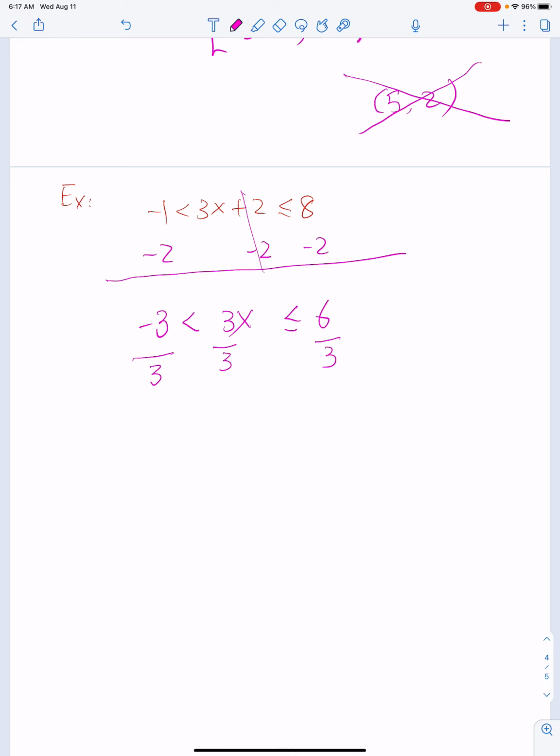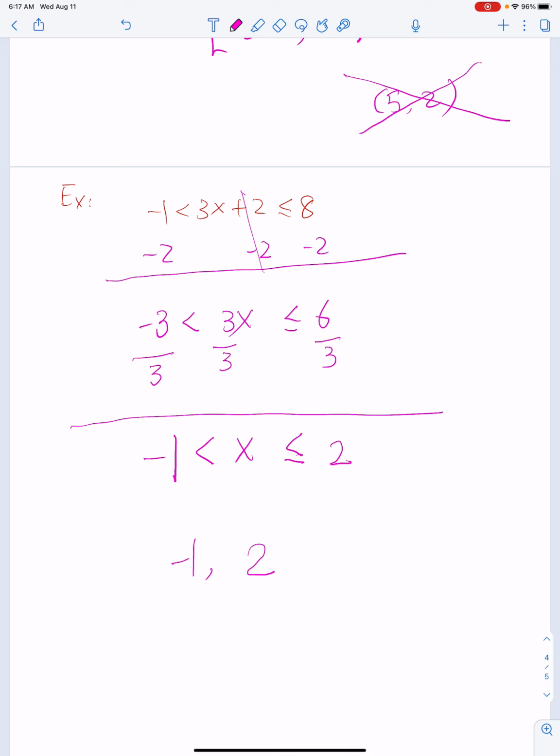Do we need to flip the sign? Because 3 is positive, we do not need to. So what do we have? 2 less than or equal to x bigger than -1. Yeah? So what will be the interval notation? Smaller number goes on the left, bigger number goes to the right.